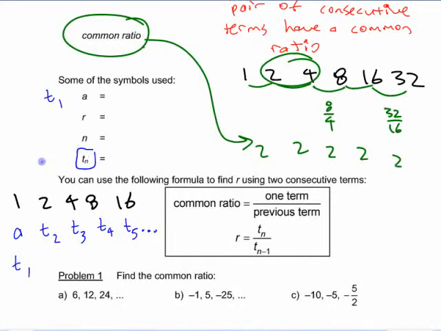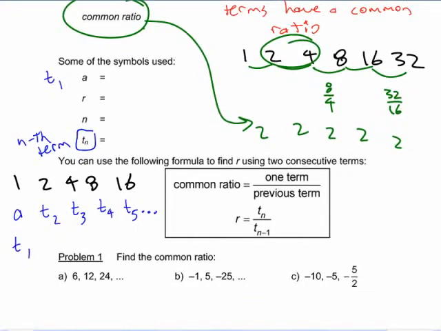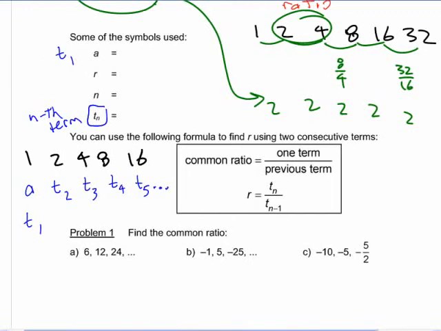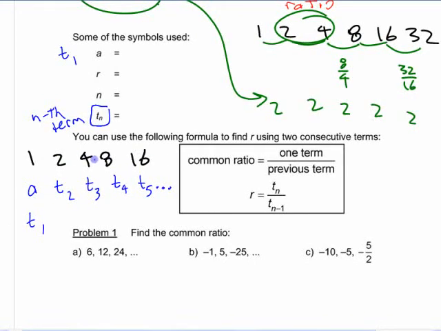Tn is the nth term. If you really want to sound like a mathematician, you say things like the nth term, right? This is the 4th term. This is the 5th term. If you say Tn, you don't know what n is, but you can still say this is the nth term. n is, I don't know, number of terms or term number.